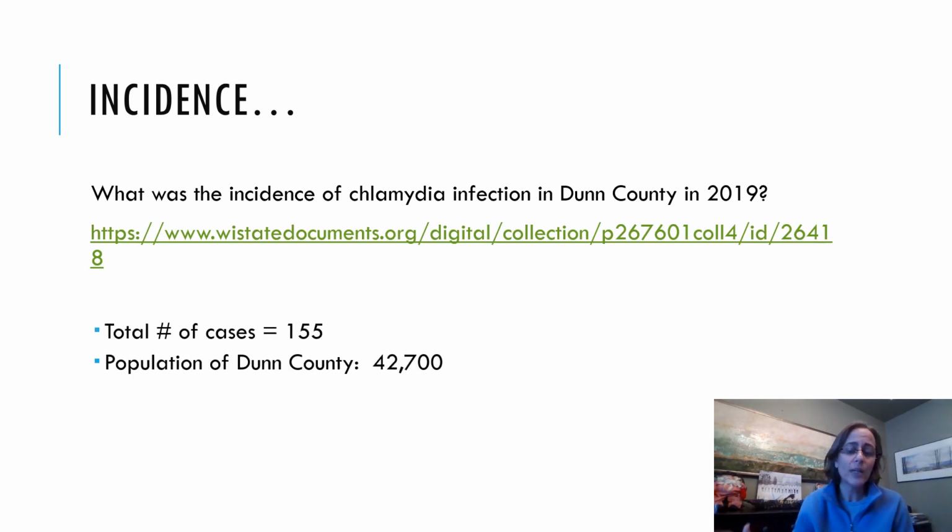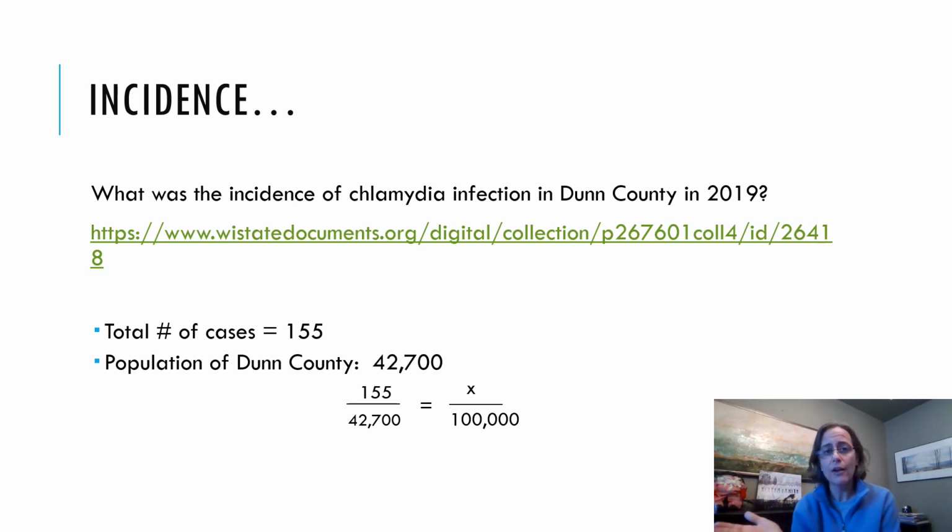In 2019, there were 155 total cases in Dunn County. Our population at that time, it's a bit higher now, was about 42,700. So what you're going to do is say, okay, 155 cases out of 42,700 is equivalent to X, the incidence, out of 100,000, because we're often going to be looking at that per 100,000 people.